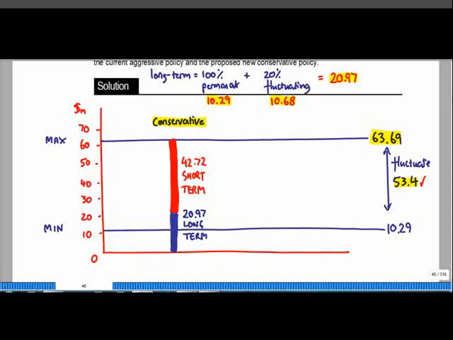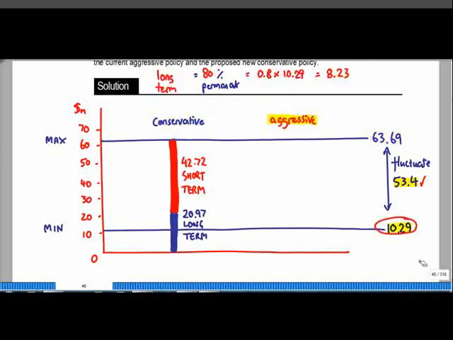Now let's have a look at the aggressive approach. With the aggressive approach, 80% of our permanent net current assets, so 80% of 10.29, is long-term finance. So long-term finance will only be 8.23, with the balance short-term. And again, we can mark that onto the diagram.